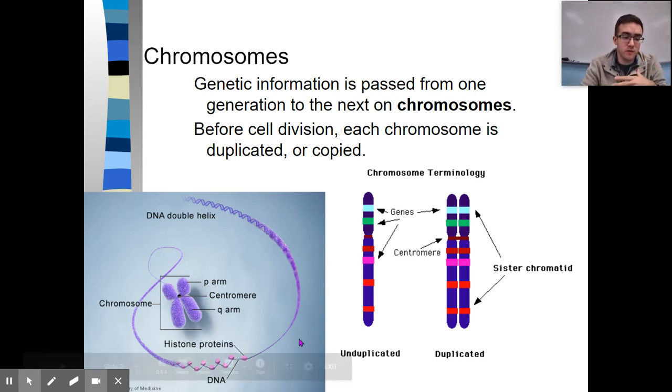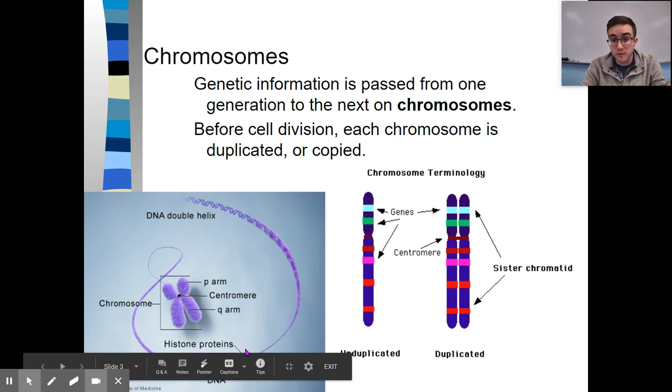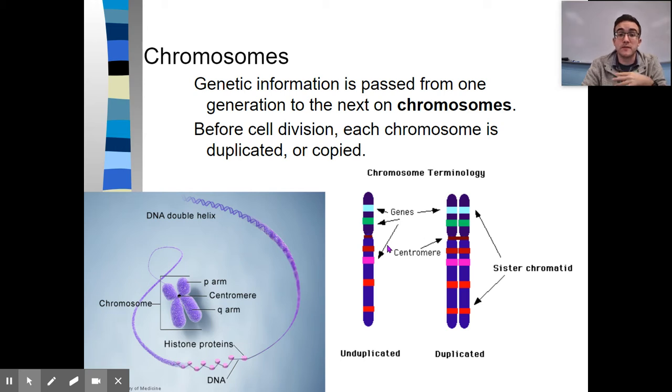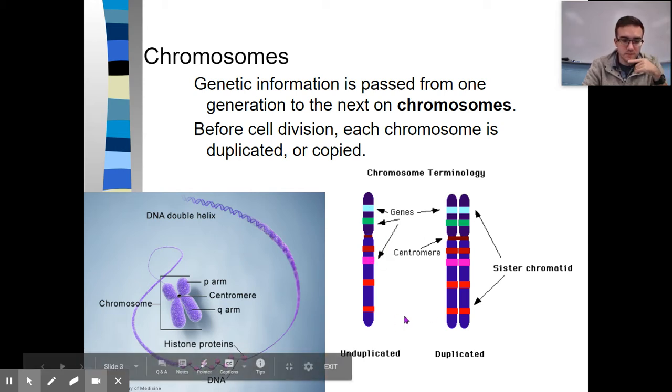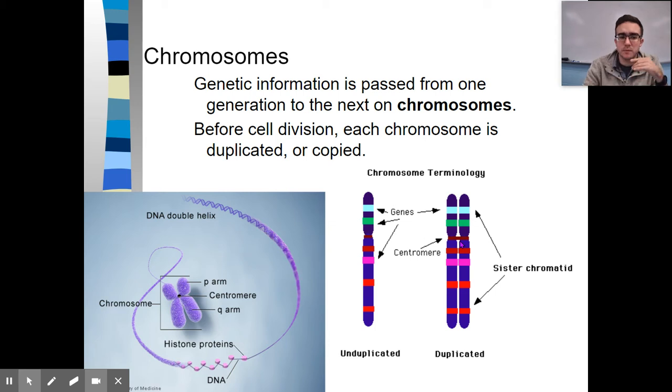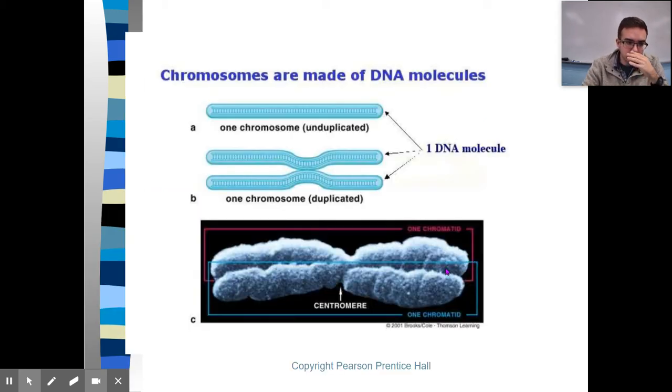So really it just folds and wraps and super folds again and again and again until we get this classic chromosome structure. This is what a chromosome looks like unduplicated, before it's replicated. And then when it duplicates, we get that classic X shape that we see here.